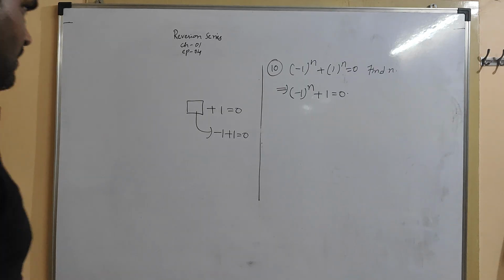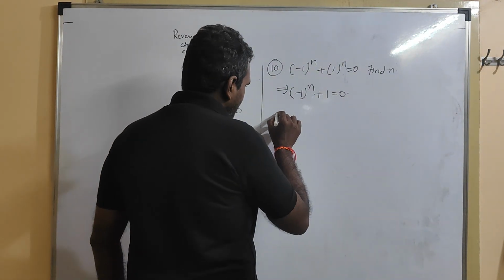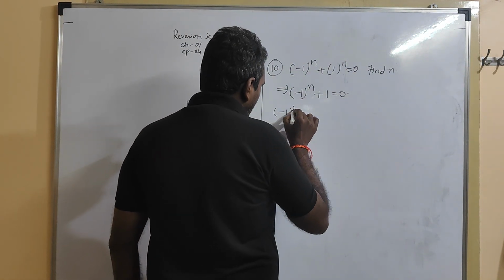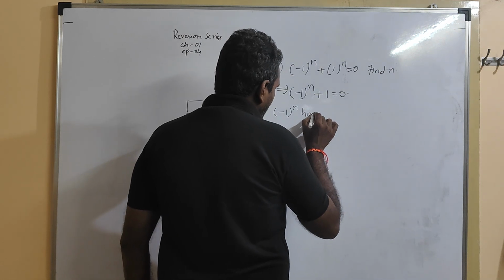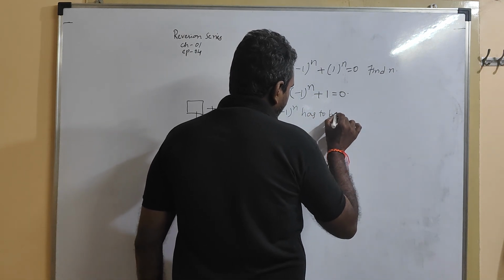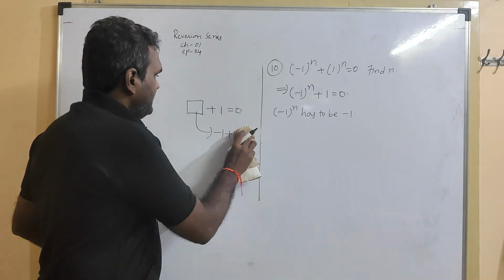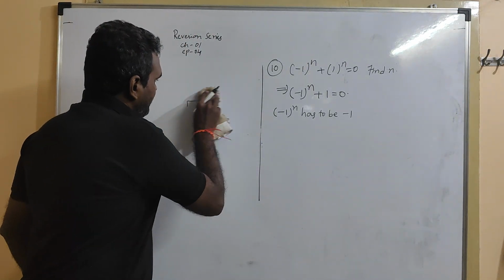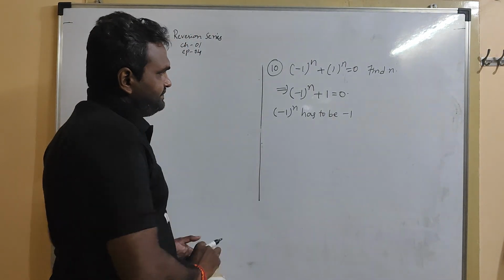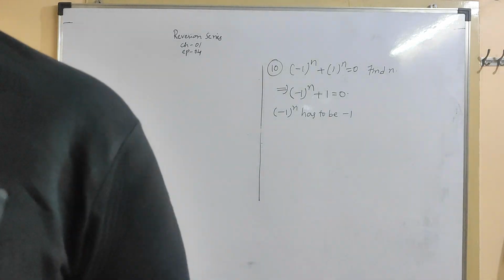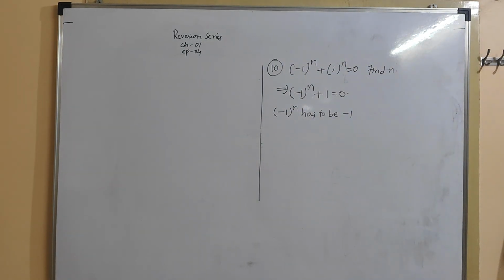So minus 1 whole power n has to be minus 1. When it will be minus 1? See, n is equal to 1 I will be keeping, minus 1 I got. N is equal to 2, plus 1 I got. N is equal to 3, minus 1. N is equal to 4, plus 1.